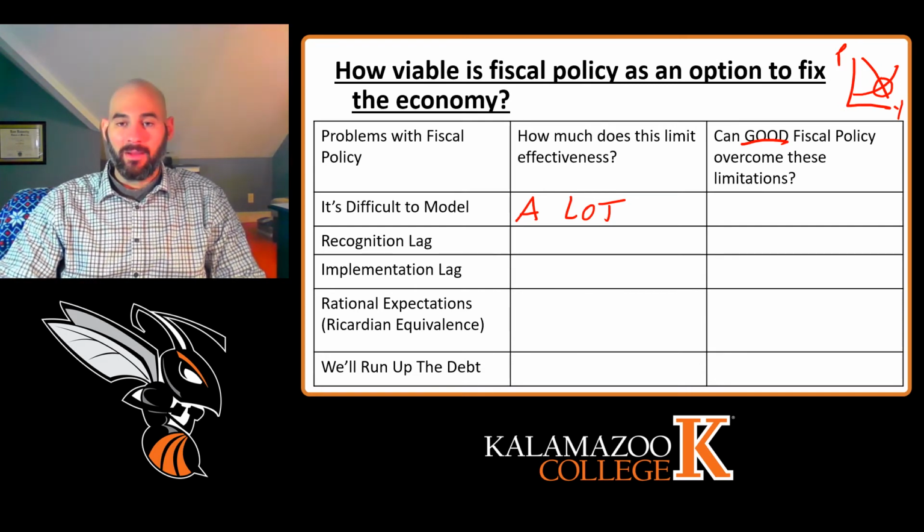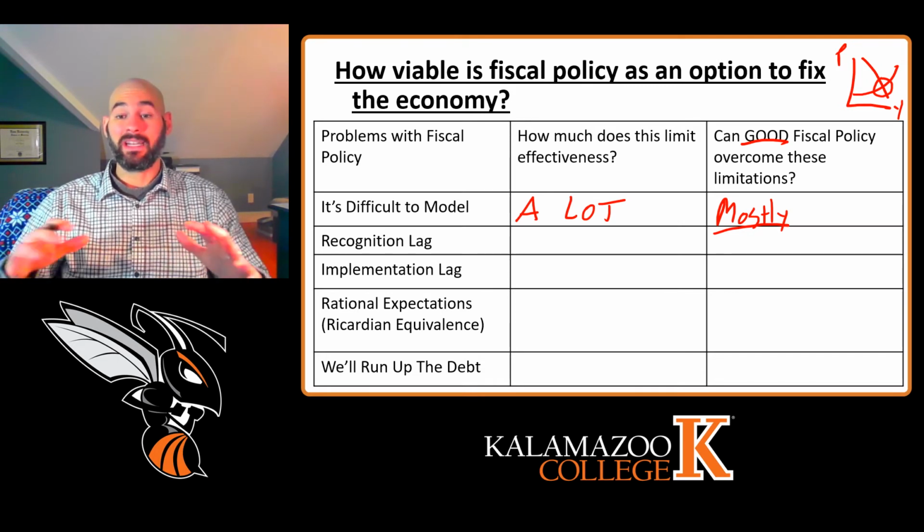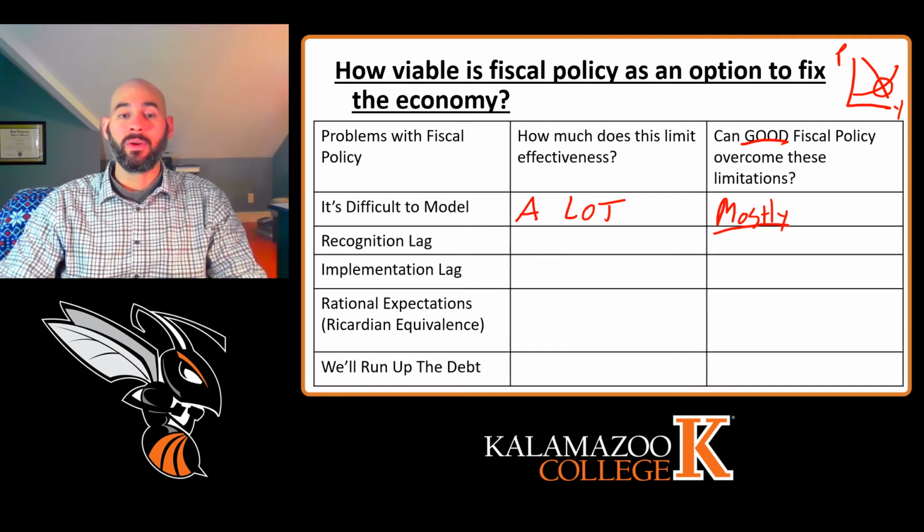So I think that good fiscal policy can mostly overcome the limitation of the difficulty of modeling the macroeconomy, as long as we are closer to the correct answer than doing nothing, which isn't always that hard to do.